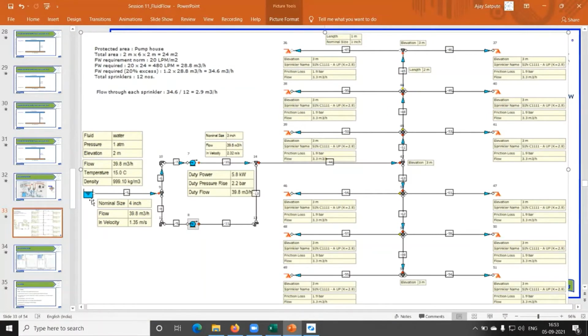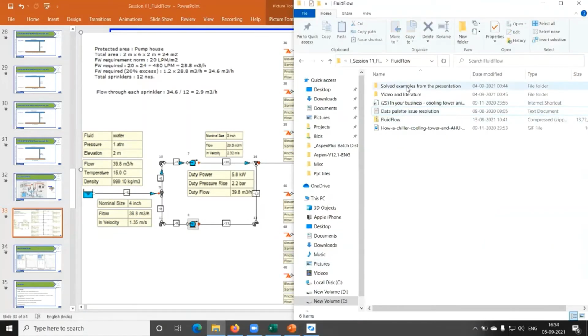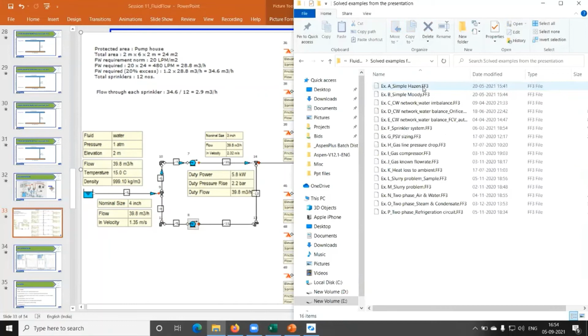And if you see the rest of the system, it involves the fire water tank. There is a fire water supply pump, one running, one shut down, right? And that goes to the header, right? Now this example is available. If you go to solved examples in the presentation, there is a sprinkler system, right?